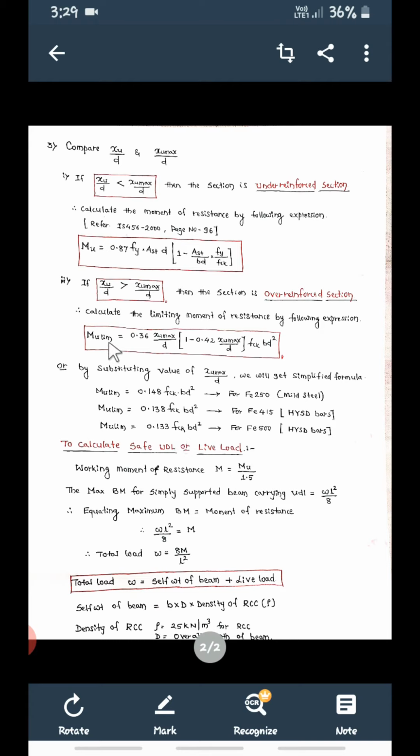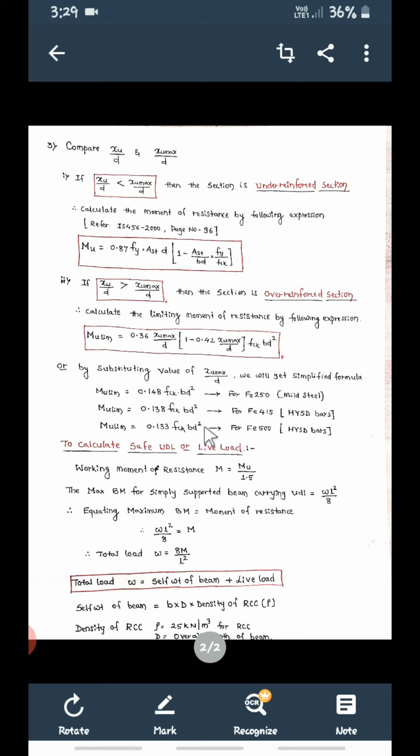So remember these simplified equations: Mu limit is equal to 0.148 fck bd square, Mu limit is equal to 0.138 fck bd square, and Mu limit is equal to 0.133 fck bd square. That is for three different grades of steel.